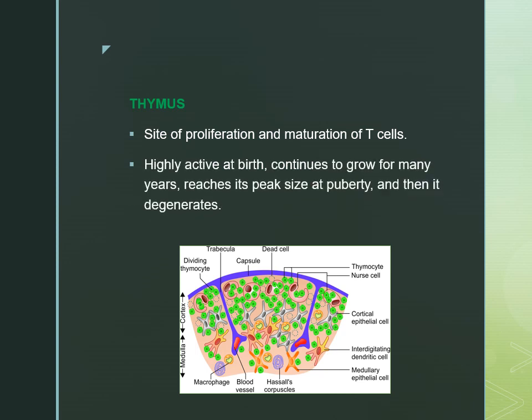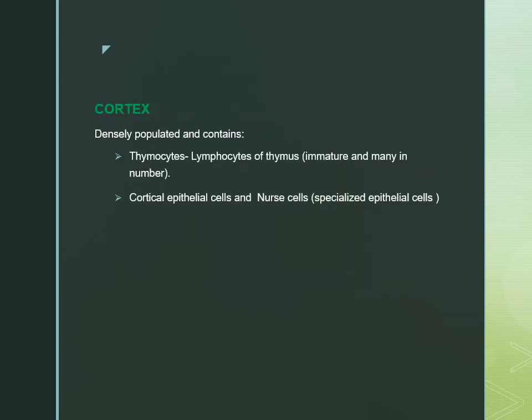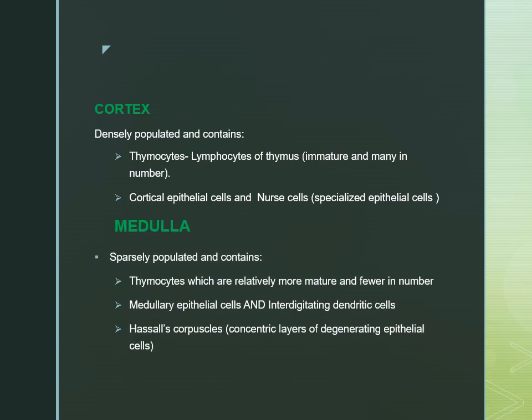Progenitor cells are synthesized in the bone marrow, and the further proliferation and maturation of T cells occur in the thymus. It is highly active at birth, reaches its maximum at puberty, and then starts degenerating. As I have already told you, in the cortex they are the immature cells, and in the medulla they are the mature lymphocytes.